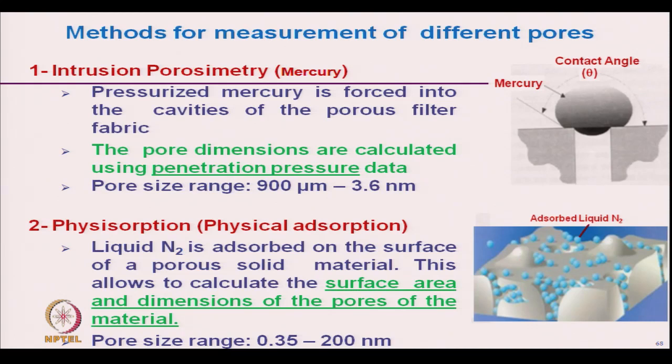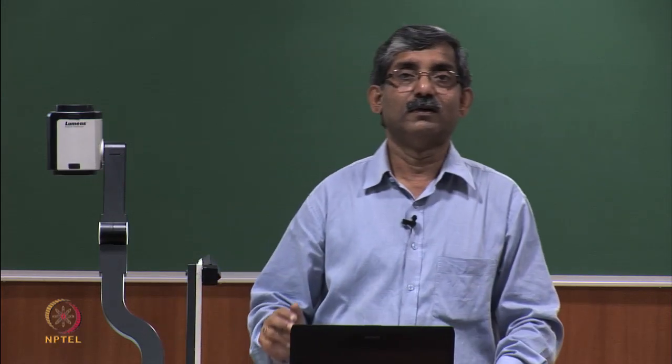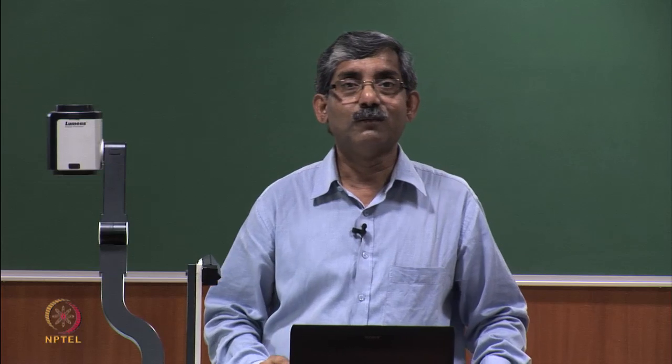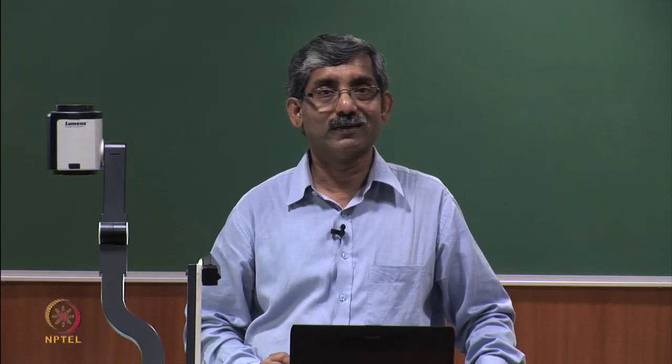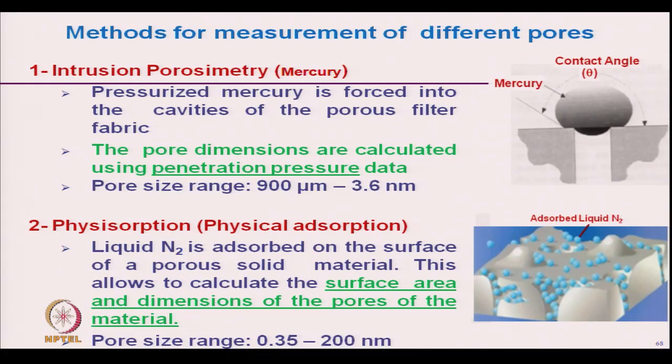Depending on the quantity of nitrogen absorbed, we can calculate the total internal surface of the pores. So, the surface area we can calculate, and accordingly the dimension of pores is also calculated. The pore size range here is 0.35 to 200 nanometer. Within that range this physical adsorption technique is used. Here these are the adsorbed nitrogen.